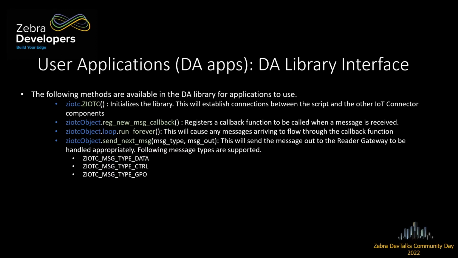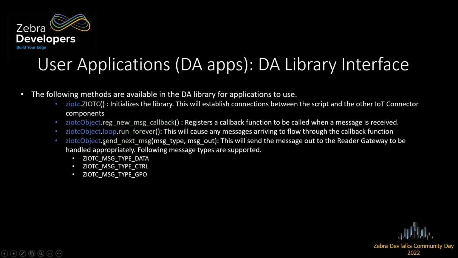And this is an asynchronous loop. So the entire application is run as an async IO event loop. So you need to start the loop once you've registered your callbacks. The user application is then supposed to start the loop by calling the run forever. This will cause the callbacks to be called by the DA library whenever there's a message from the radio control.